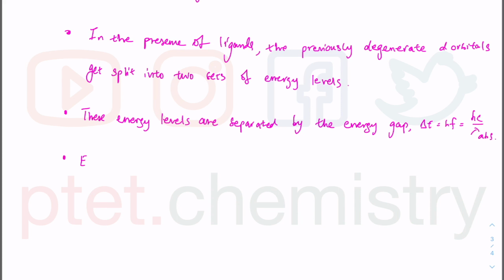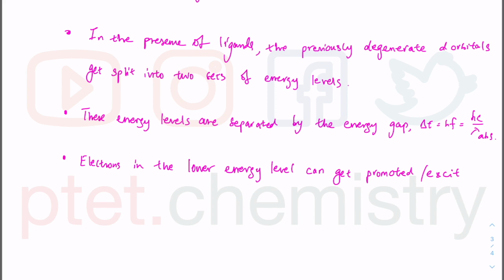So the electrons in the lower energy level can get promoted, or excited, to the higher energy level by absorbing visible light.